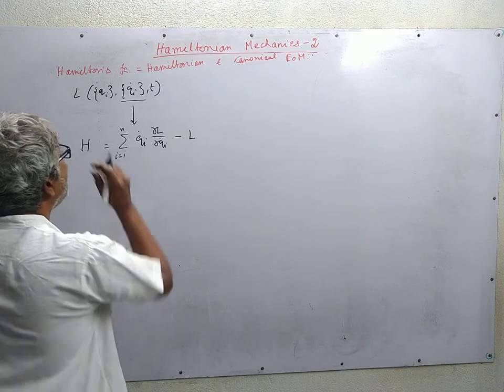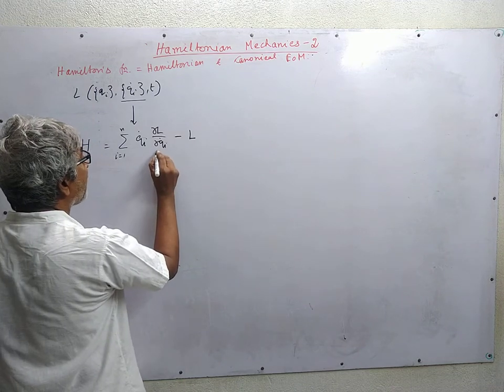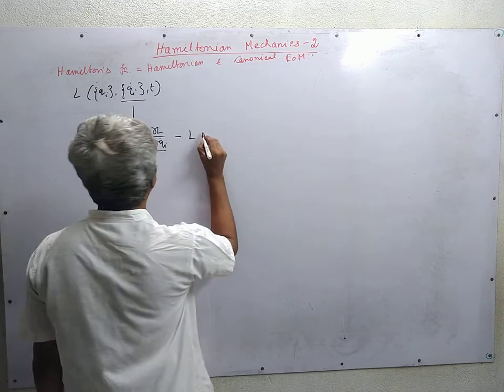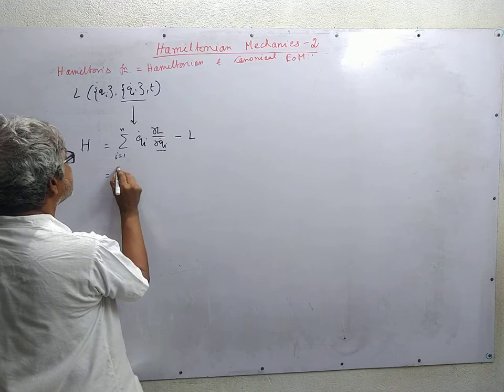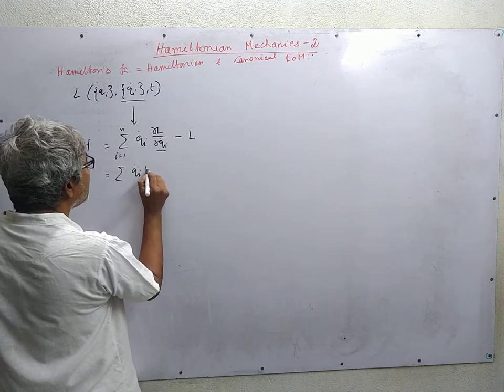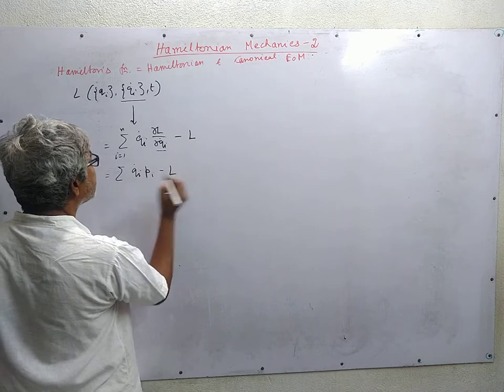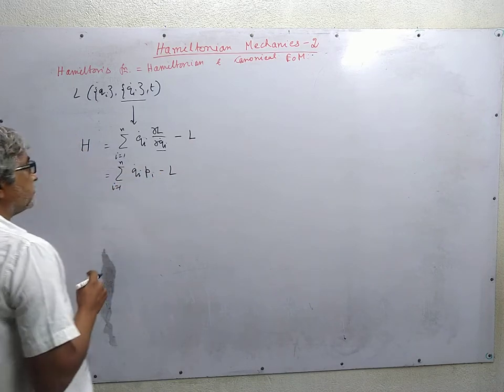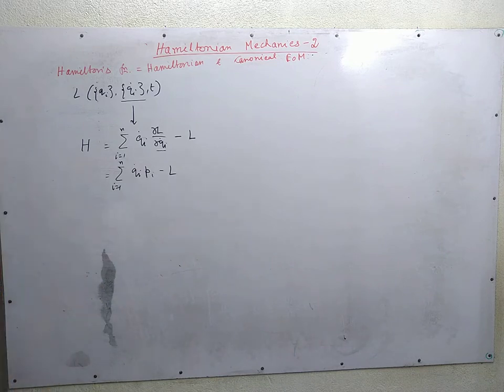And we know from Lagrange's equation that ∂L/∂q_i dot is nothing but p_i. So we define H as the sum of q_i dot p_i minus L, with i equal to 1 to n. Now this is the Legendre transformation.